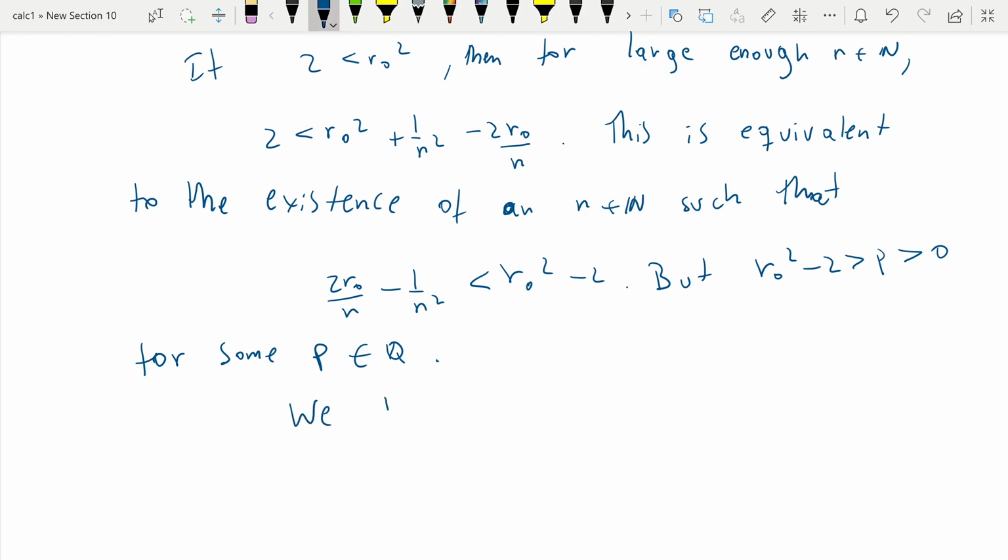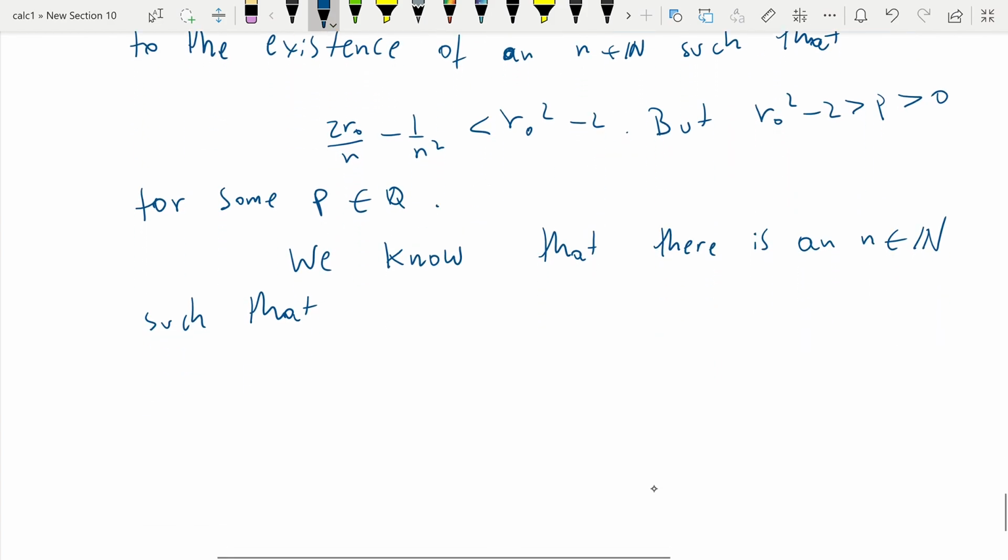But we know there is an n in N such that 2 R naught over n is less than p.